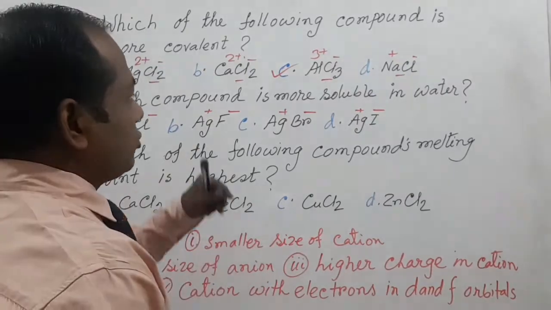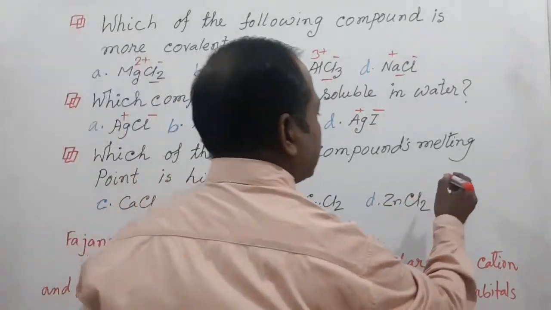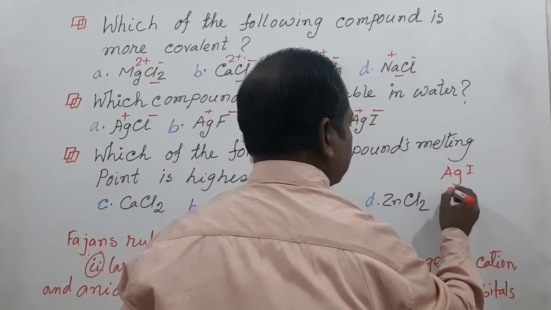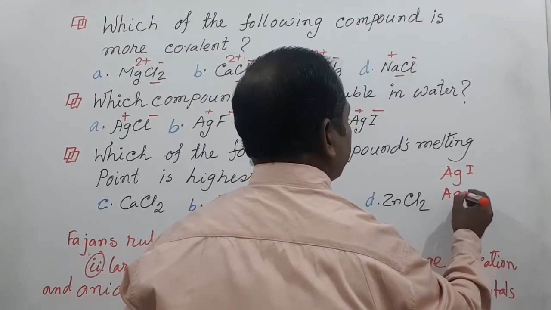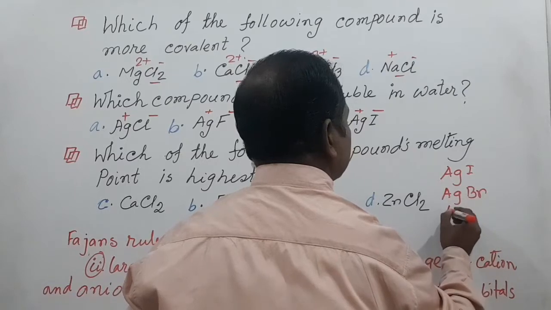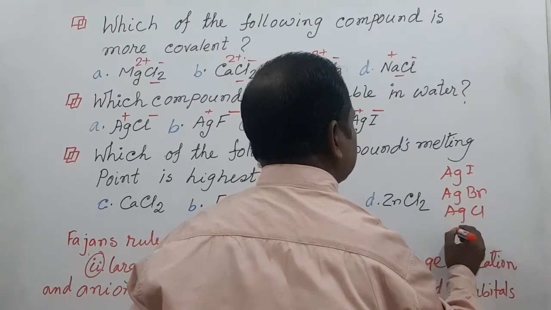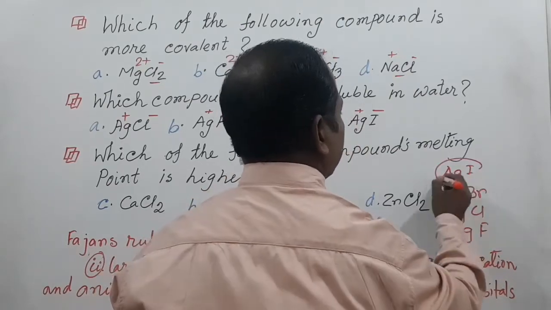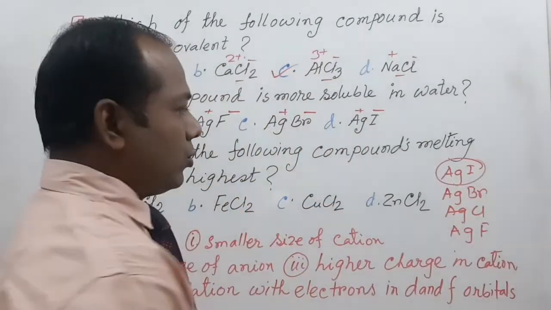So according to our discussion, we can say that among silver iodide, silver bromide, silver chloride, and silver fluoride, silver iodide is more covalent.